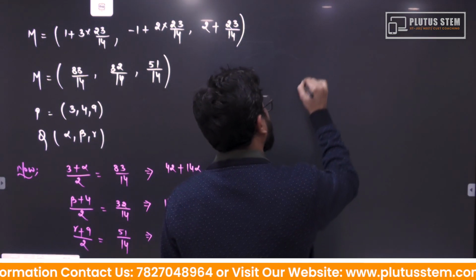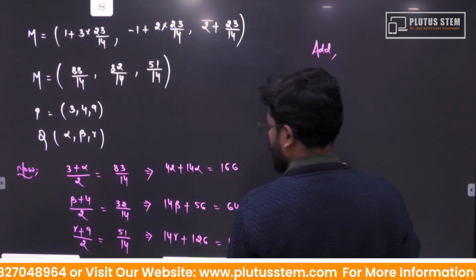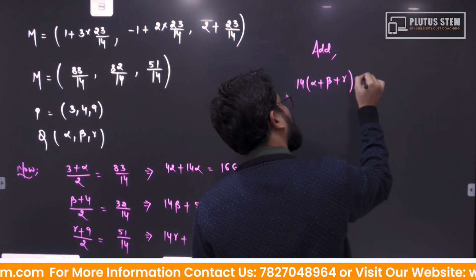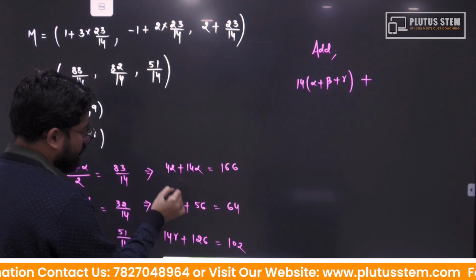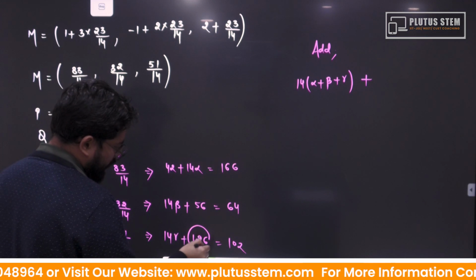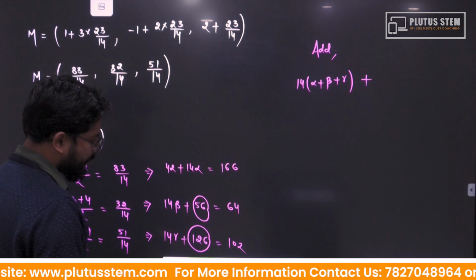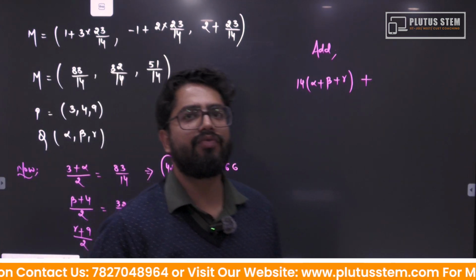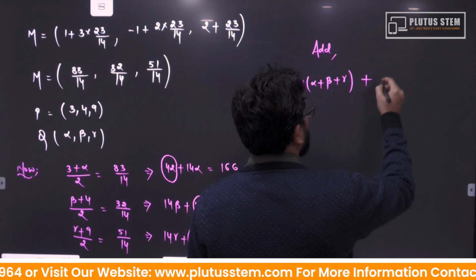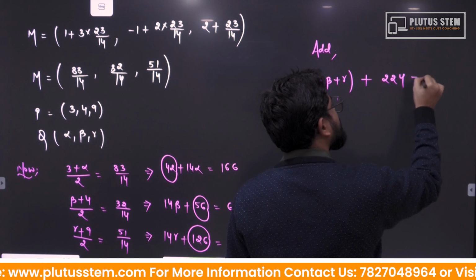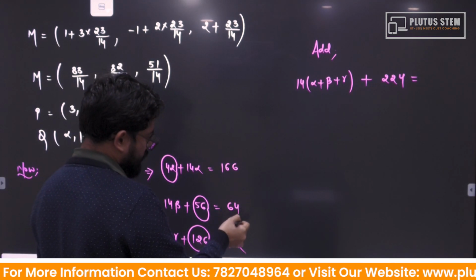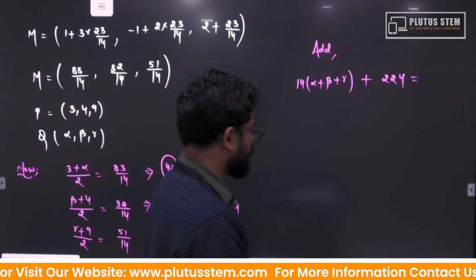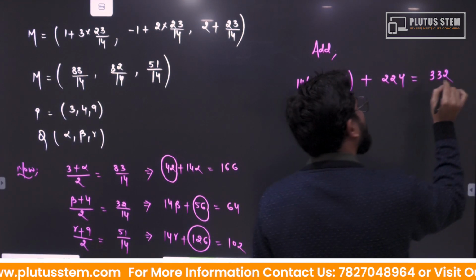Just add them. When you add them, you get 14 common, alpha plus beta plus gamma, plus 126 and 56, that is 182, and 182 and 42 gives 224, is equal to 166 plus 64 plus 102, that is 332.